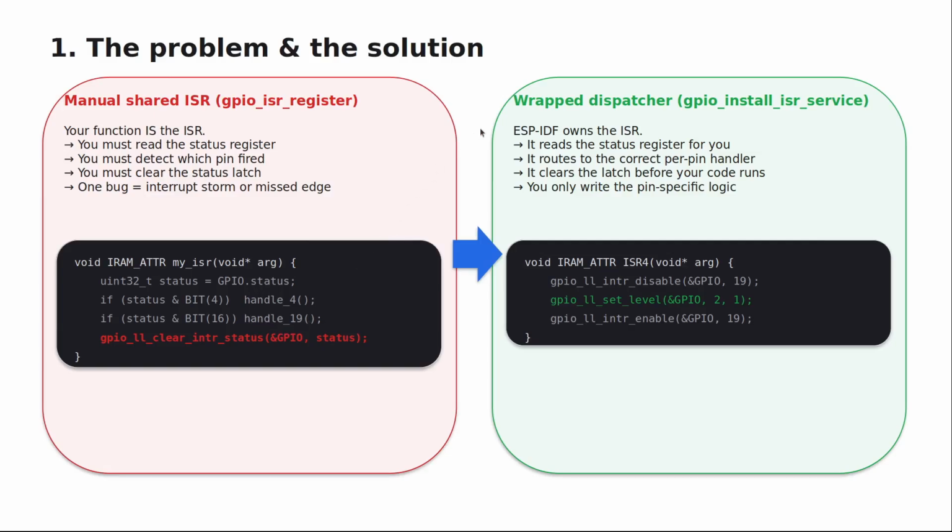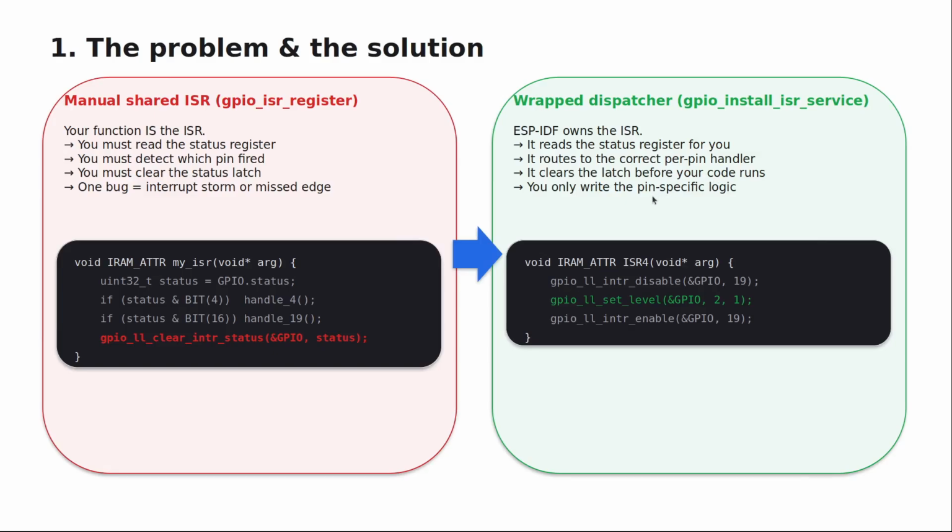Now let us look at the approach on the right. Here, ESP-IDF places its own dispatcher before your handler. The dispatcher first does all the common work. It reads the status register. It identifies which GPIO generated the interrupt. It clears the interrupt status.